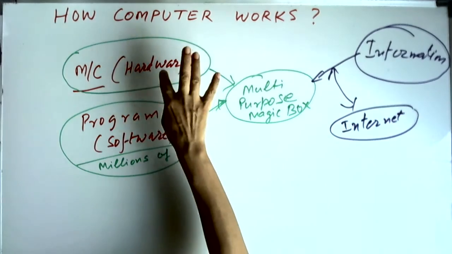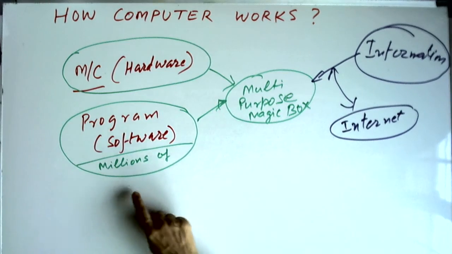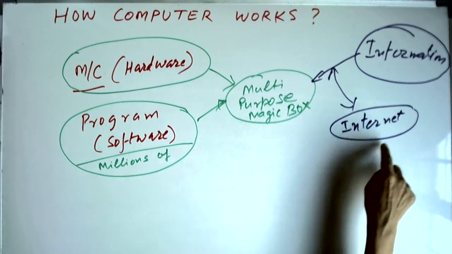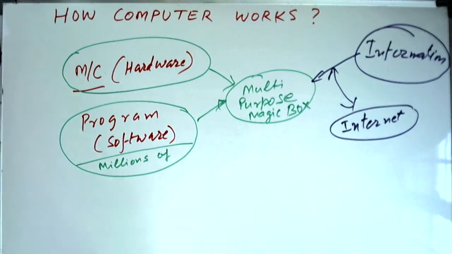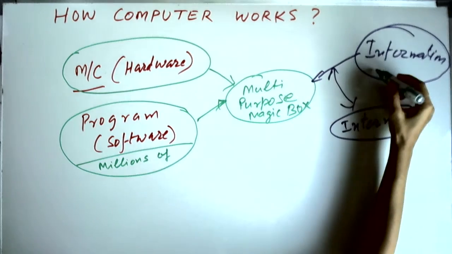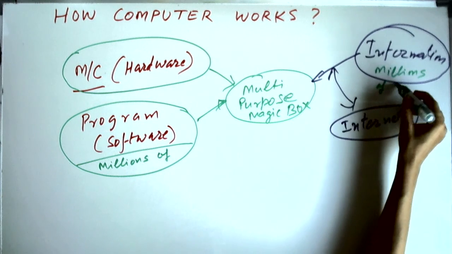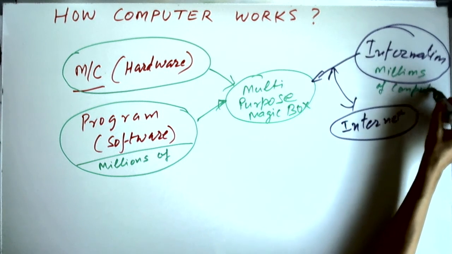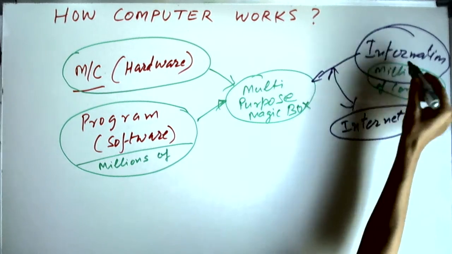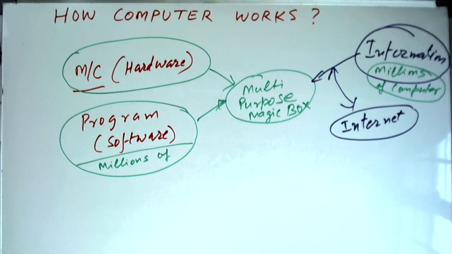So you require a hardware, you require a software, then you require an internet, and then the information is available. Again, here there are millions of computers, and here also millions of computers which have this information available for you. So this whole ecosystem makes this world of computer very, very powerful.